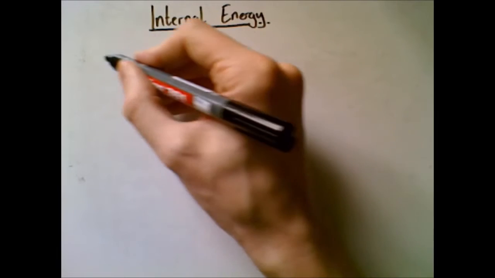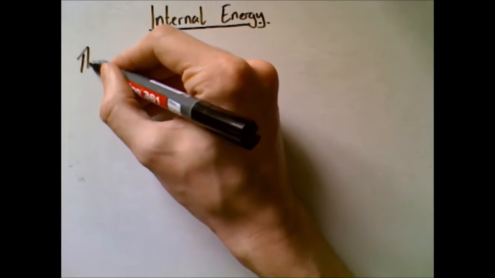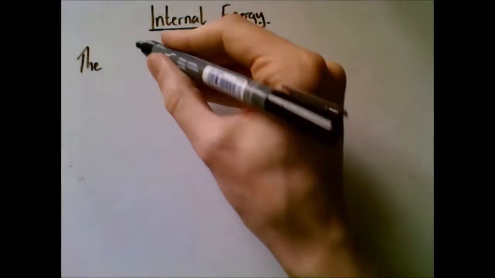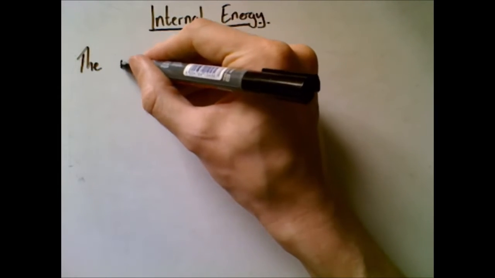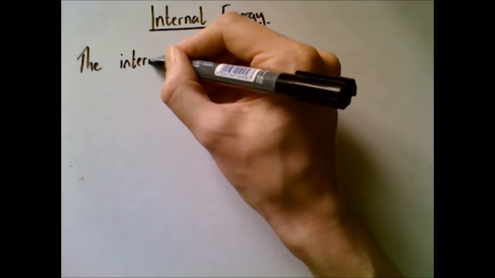Okay, so for our definition, this is what we're going to write down, and it's really important that you get this into your notes. This is a very, very common one to come up in exams, by the way.